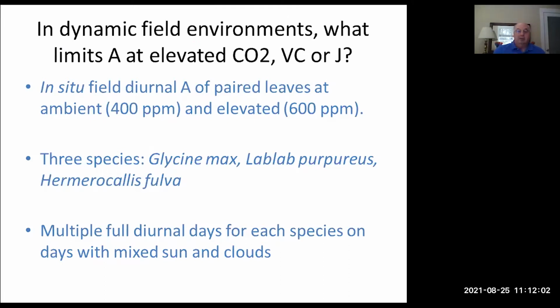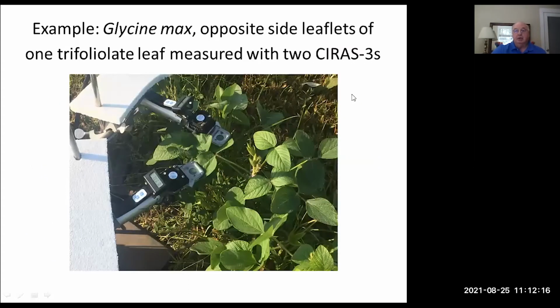For each of those species, we've done multiple diurnal full days of CO2 assimilation rates on days which are mixes of sun and clouds. This is showing leaf chambers from 2 different CIRAS-3s clamped onto 2 side leaflets of 1 leaf of a soybean plant, Glycine max.